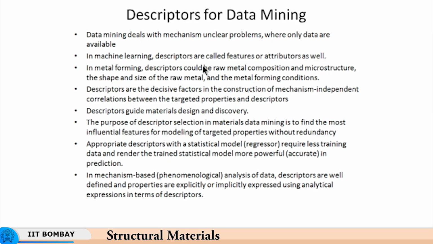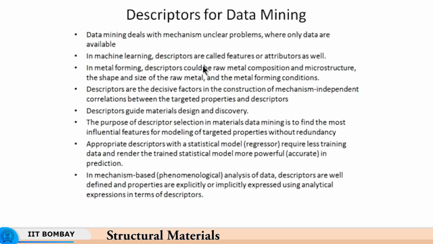So basically this is how I can discover more and more new materials using data mining and descriptors which are correlated with the outcomes. So it is important to select the appropriate descriptors, because you should be able to choose the descriptors which will influence the final outcome to the maximum extent.